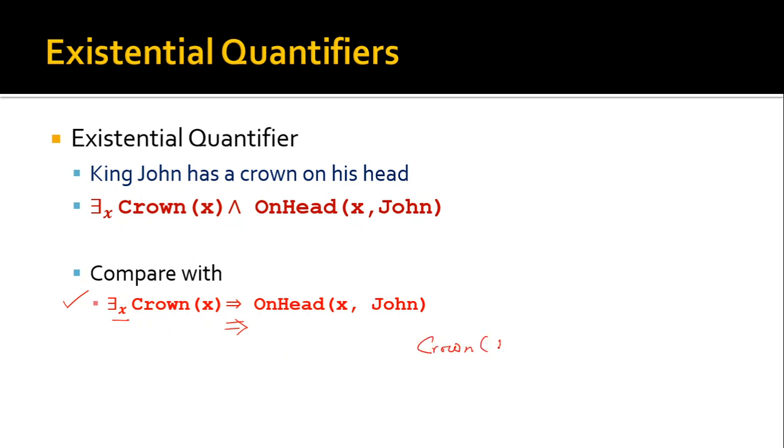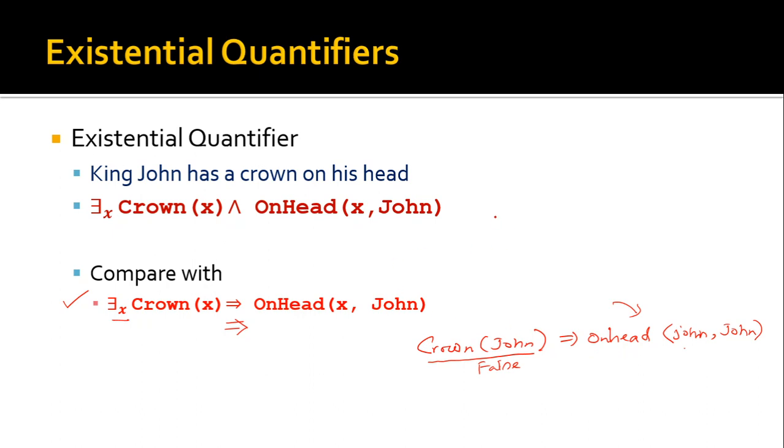Crown John implies on head John John. This is false, of course, because John is not a crown, but we'll end up inferring that John is on John's head, right? Which is a kind of thing that we don't want to model.